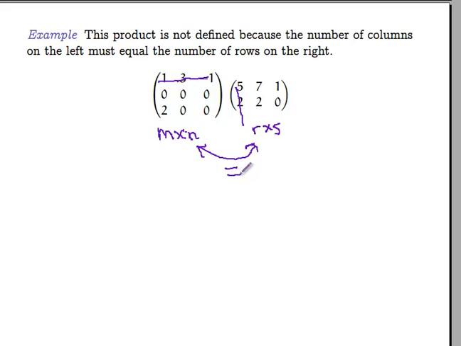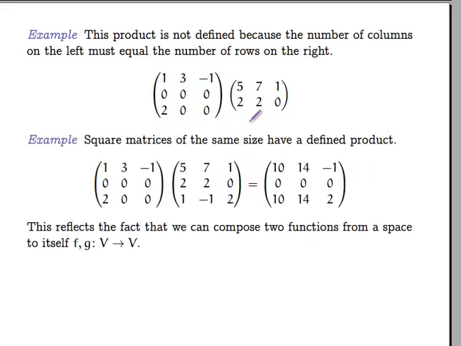If they're not equal, then multiplication is not possible. They have to be equal for multiplication to be possible.